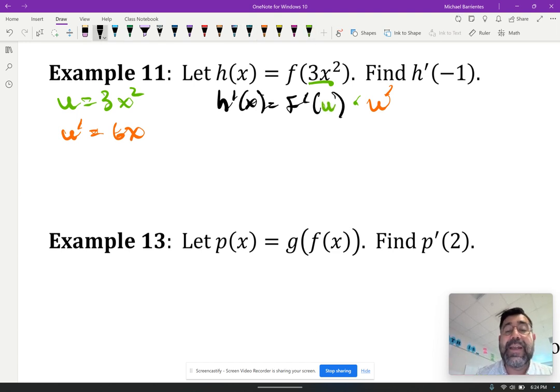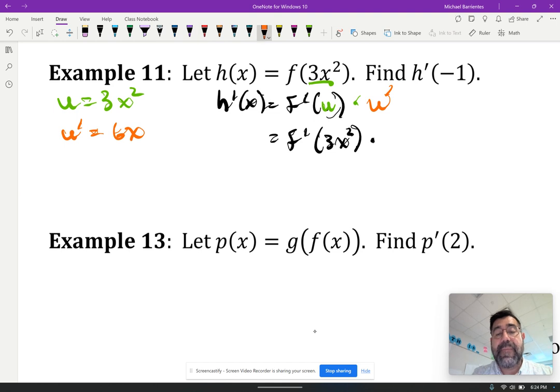So I'm just going to say f prime of u, the inner function, times the derivative of the inner function, which is u prime. So that tells us we're taking f prime of 3x squared times 6x. I have now found the full derivative.